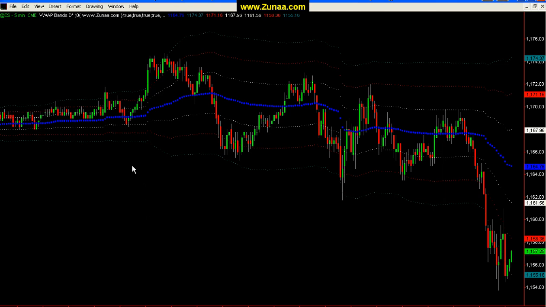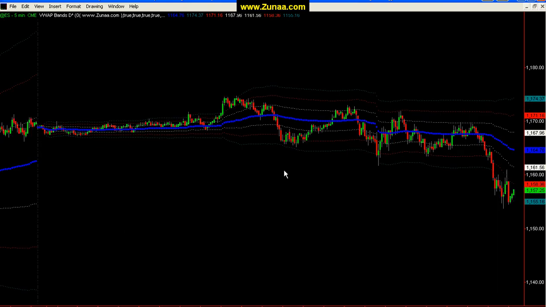And that's volume weighted average price bands, daily plot, so it resets at each new session for each day. And of course, if you have your own custom sessions that you like to create out of the entire trading session, it will recognize custom sessions as well.